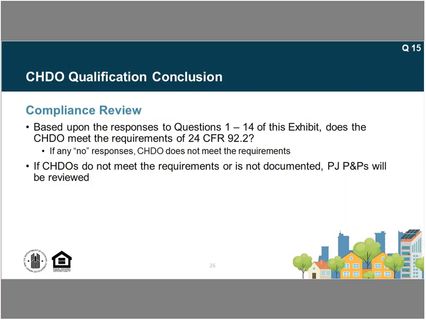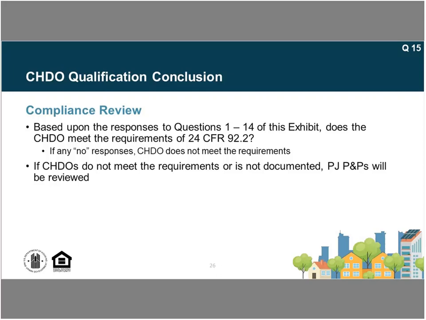I should mention that 732 is set up to have the CPD, Office of Community Planning and Development representative who's doing the HUD monitoring, look at up to 5 individual CHDOs and CHDO projects and see if those individual CHDOs comply. And if they don't, then HUD looks further into why this organization doesn't comply.